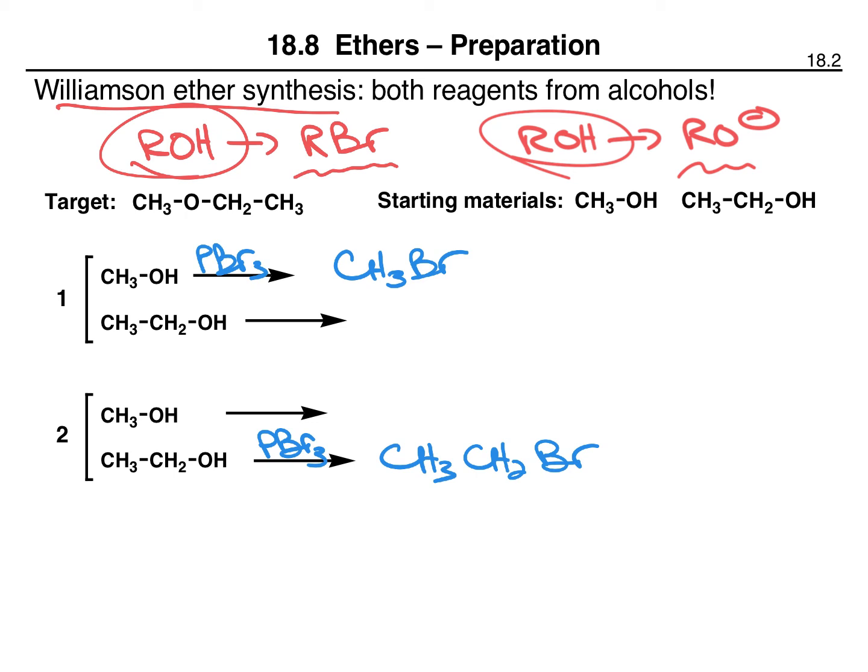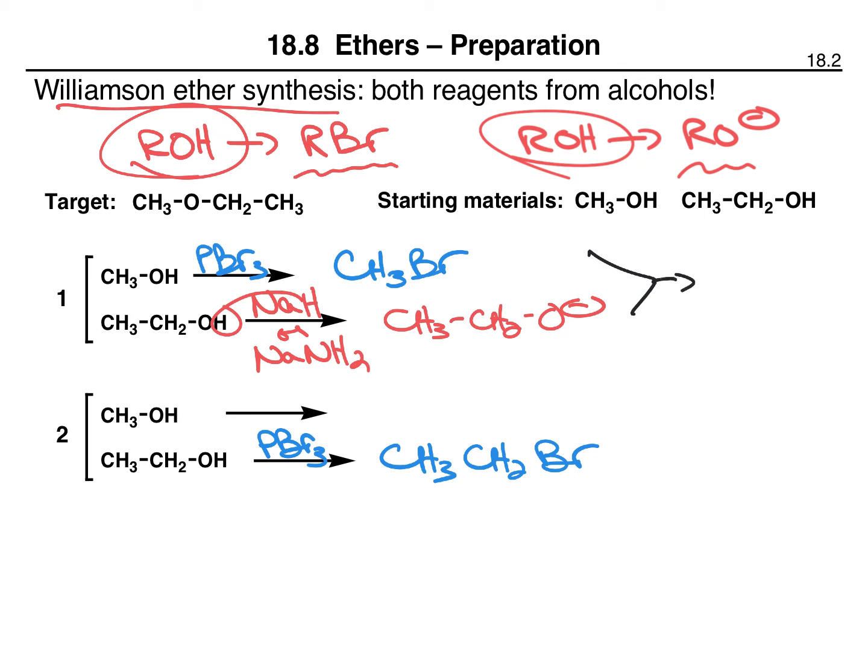Let's say we are using a nice strong base such as sodium hydride, or it could be sodium amide. So this can grab off a proton, giving us the CH3CH2O-. And now these reagents can be combined, and we will get the CH3CH2O connected to the CH3.